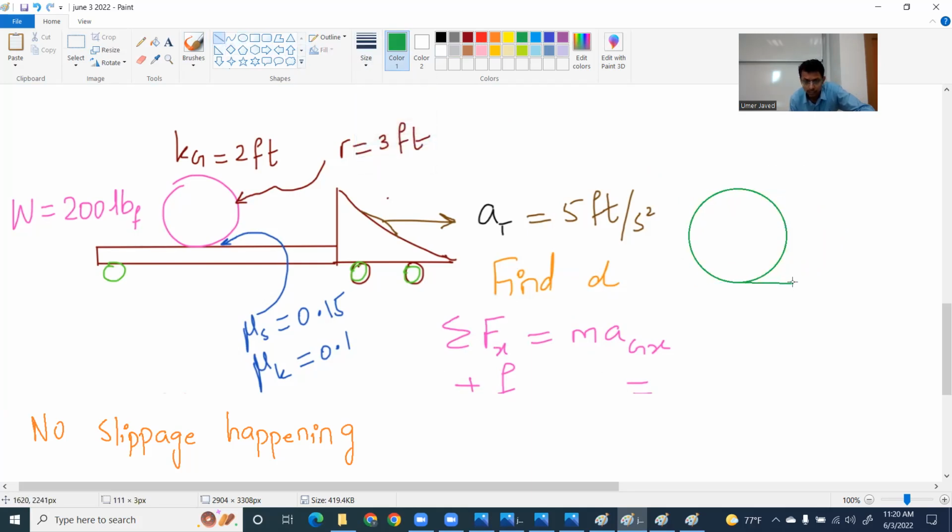So let's say this is my friction at the point of contact. This is my F. And the AG is towards right.